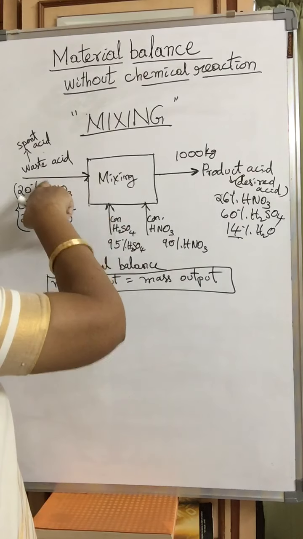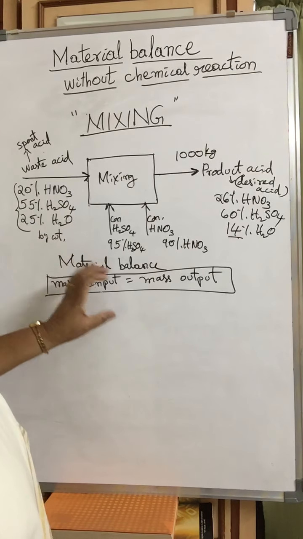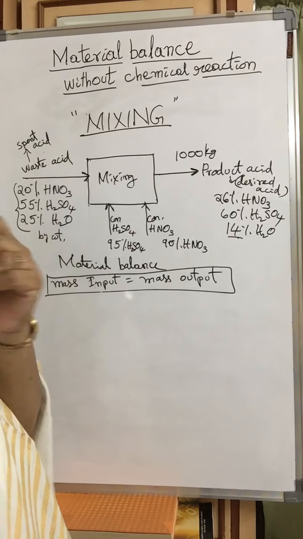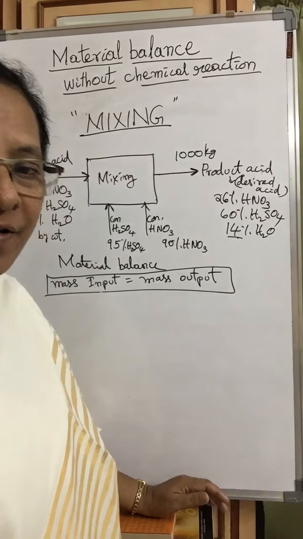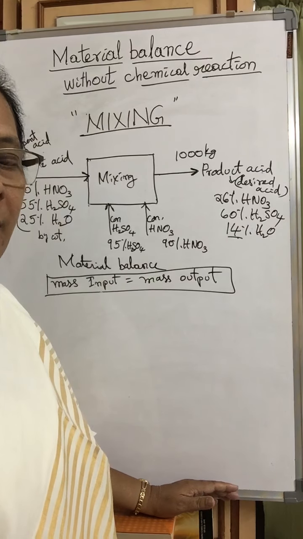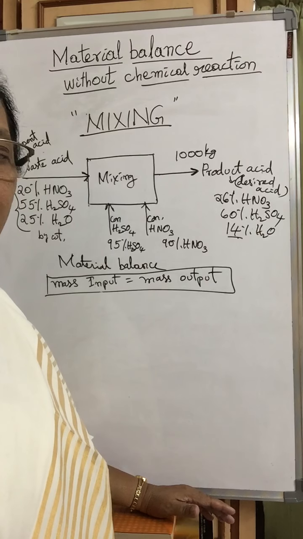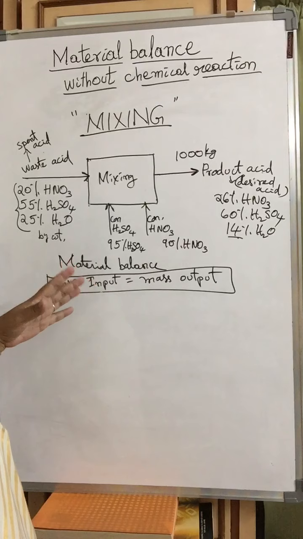Under input here 3 streams are there. So the sum of the input must be equal to the sum of the output. This is actually based on the law of conservation of mass. According to the law of conservation of mass, mass can neither be created nor destroyed. So whatever the mass is there, that will be there here.